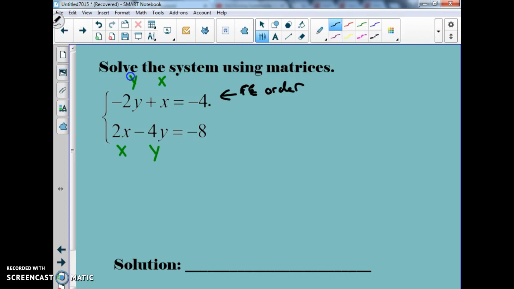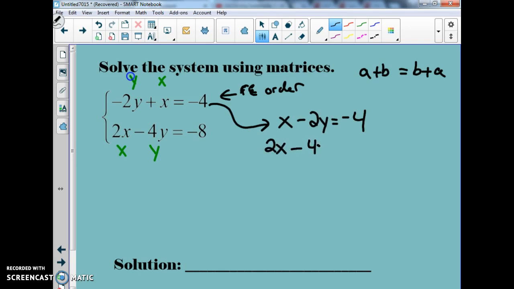So I'm going to take this equation here, I'm going to rewrite it. Remember, a plus b is the same as b plus a. So I can rearrange that to be x minus 2y is equal to negative 4. No difference in that problem there. And then my second equation becomes 2x minus 4y is equal to negative 8. It's important that we have everything lined up.